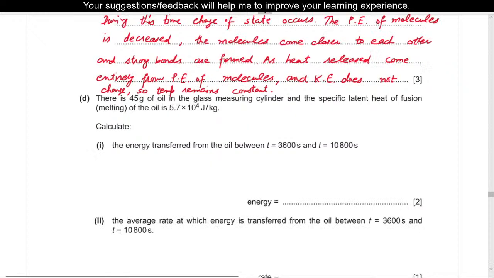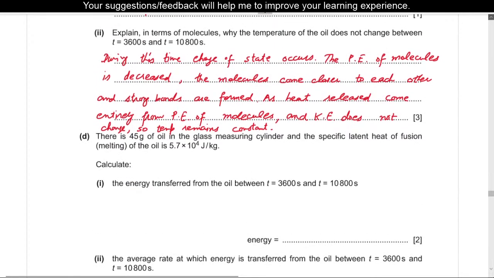Okay, part D. There is 45 gram of oil in the glass measuring cylinder and the specific latent heat of fusion of the oil is 5.7 × 10^4 joule per kg. Calculate the energy transferred from the oil between time 3600 second and time 10,800 second. Now this time is represented by the horizontal line.